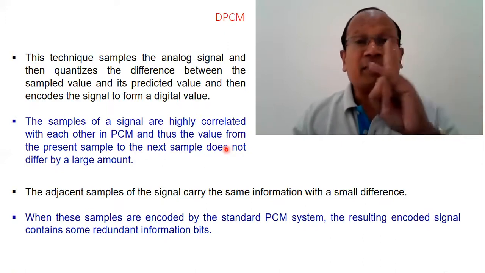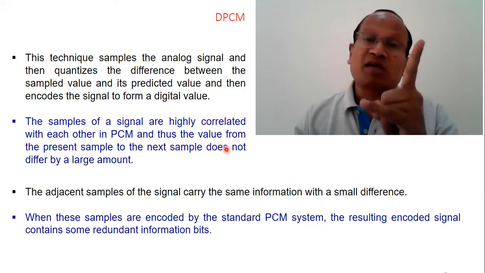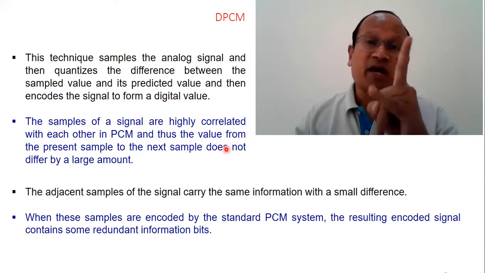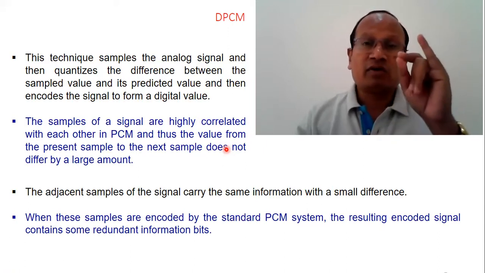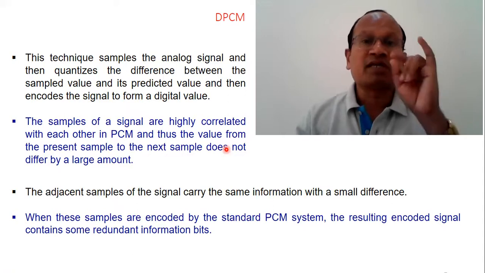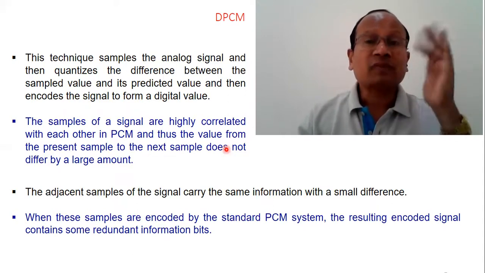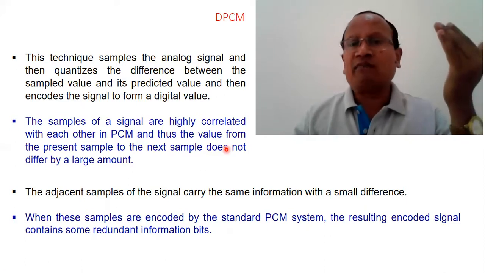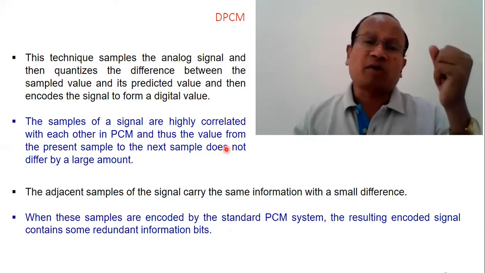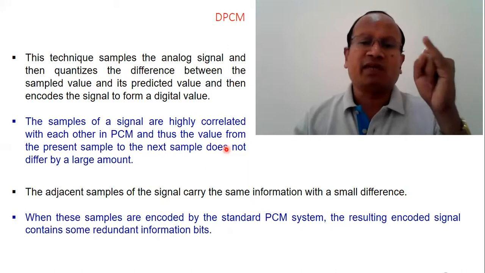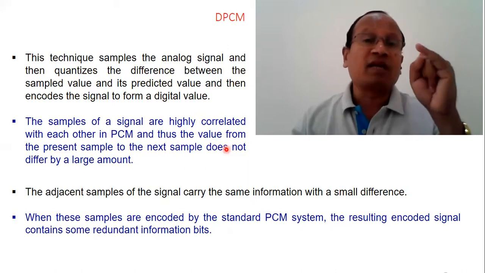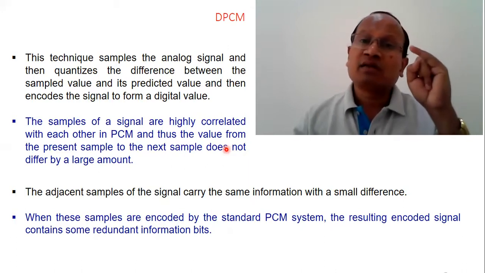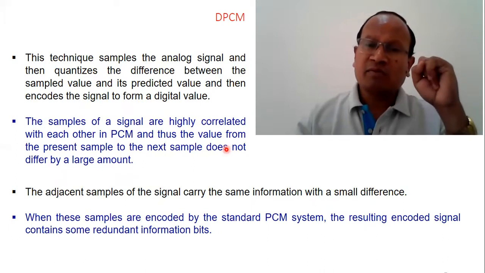A lesser number of bits is required to encode the samples, and therefore the data redundancy problem is solved, and DPCM is therefore used in several data compression systems and methods.